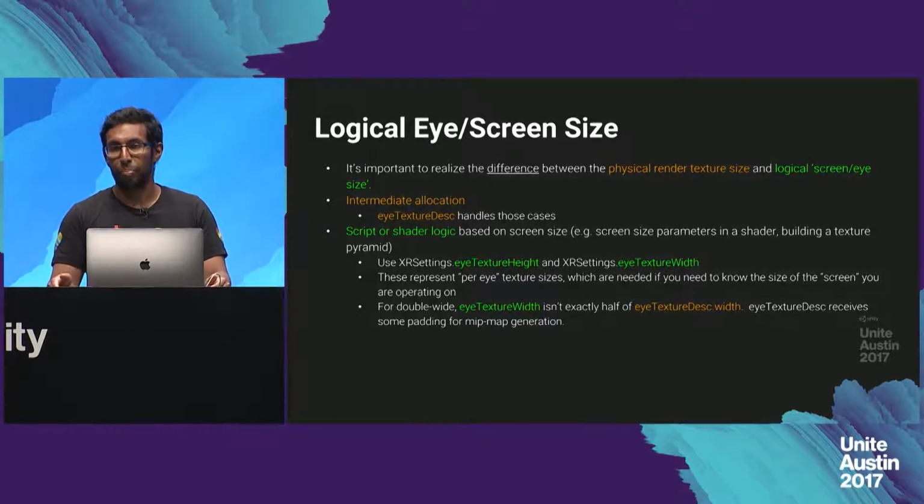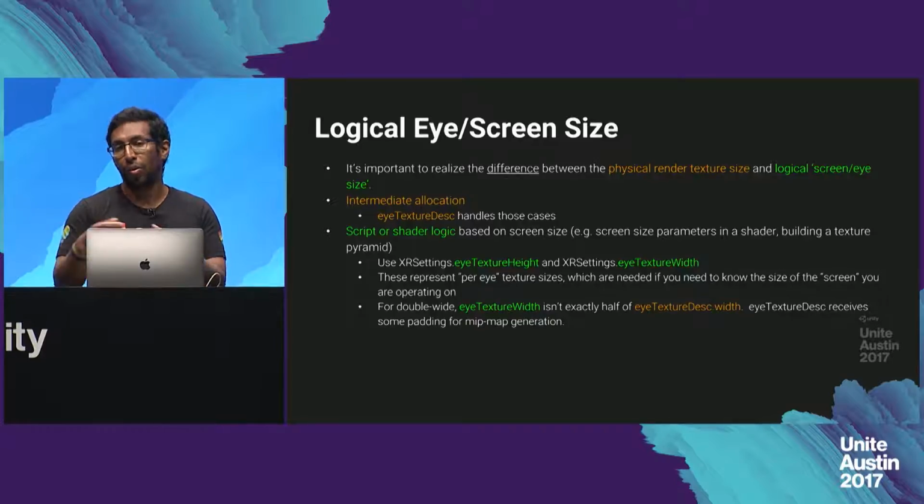But if you have any script or shader logic based on the logical screen size, like using the screen size parameters in a shader, or building a texture pyramid, you want to base this off the logical size. In this case, you can use XR settings.iTextureHeight and XR settings.iTextureWidth. These represent per-eye texture sizes that you need if you need to know the size of the screen that's being operated on.